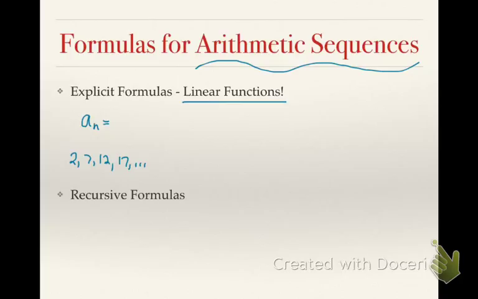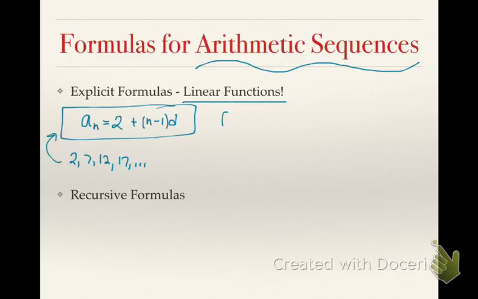I want to write an explicit formula for that particular sequence of numbers. I'm going to take the first term, which is 2, and add n minus 1 times the common difference. Okay, and that's the formula for that particular sequence of numbers.